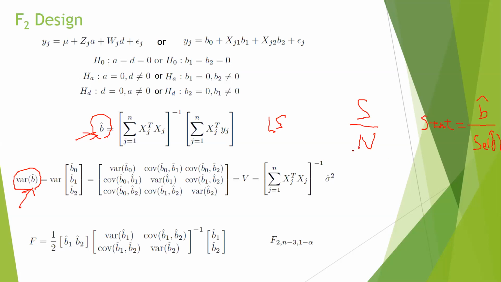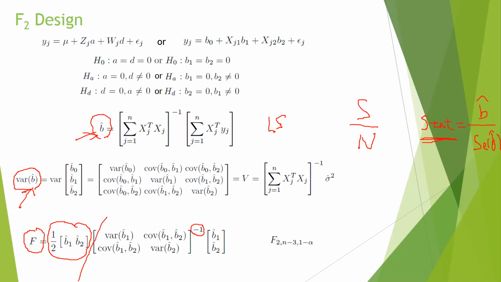Once we have this, we can easily construct an F statistic. If you look at this F statistic, it's clearly a ratio. The numerator is the thing to be estimated from your data, and the denominator has the -1, which means the inverse.